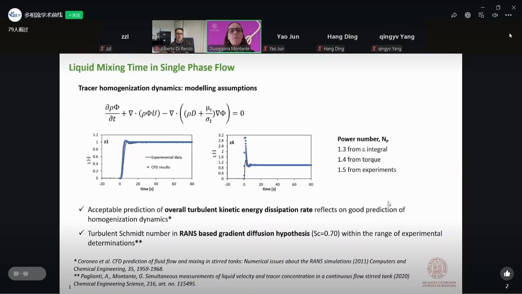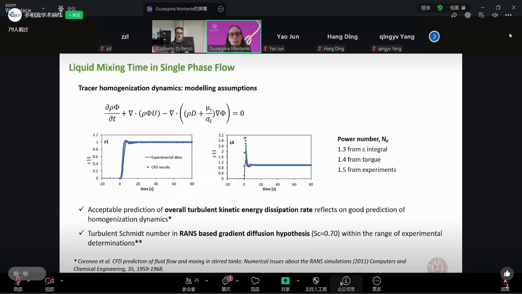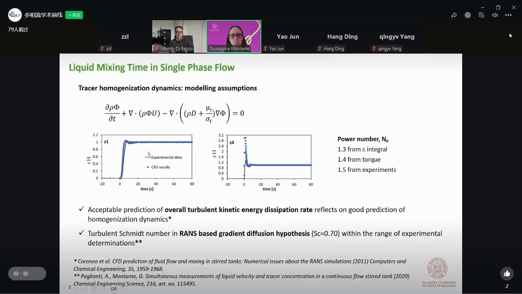So we have to rely on a turbulence model also for this term, and provided that we are able to reproduce well the turbulent kinetic energy dissipation rate that affects the turbulent viscosity, you can see from this comparison between experiment and CFD that in single phase flow we have an excellent agreement.